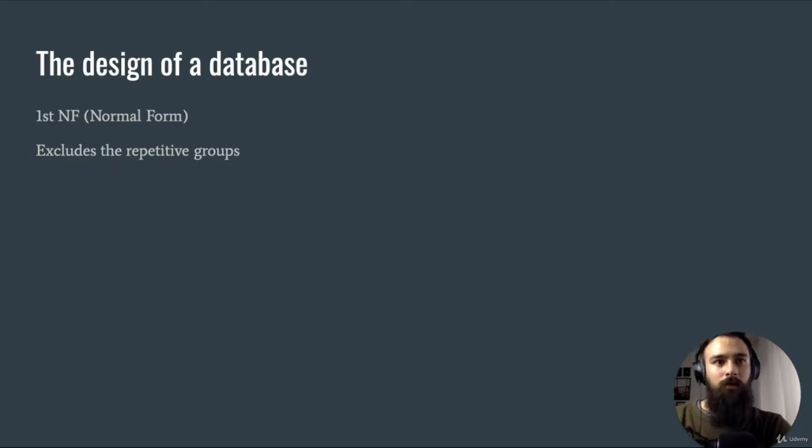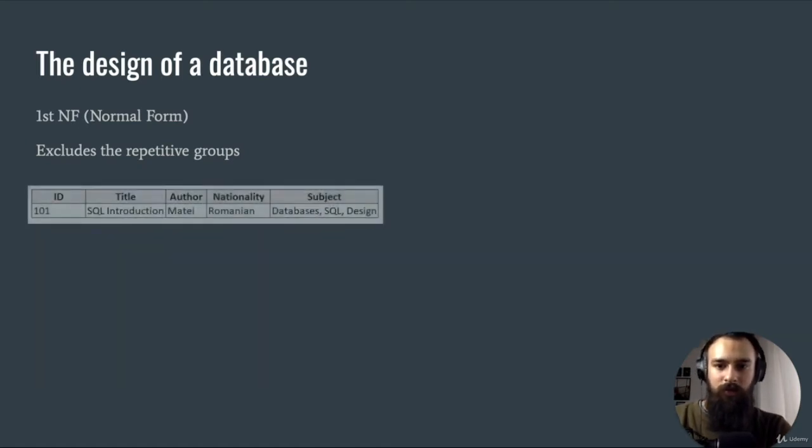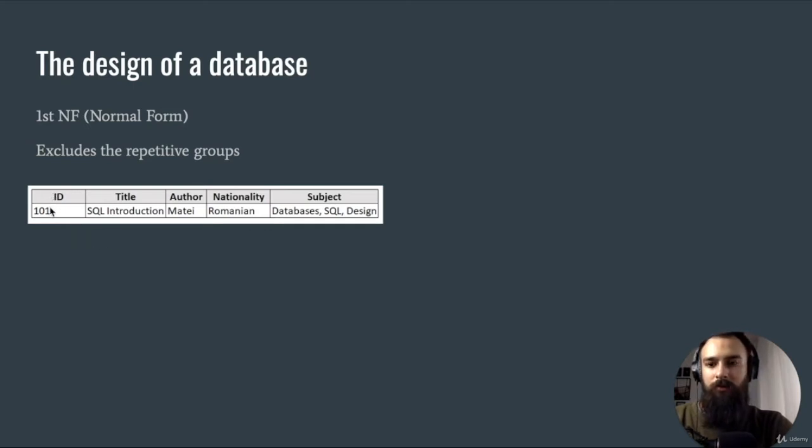So the first normal form is the one that excludes the repetitive groups. And I have an example. Here I took a table that stores data about books, and we have a column for ID, for title, for author, for nationality, and for subject.